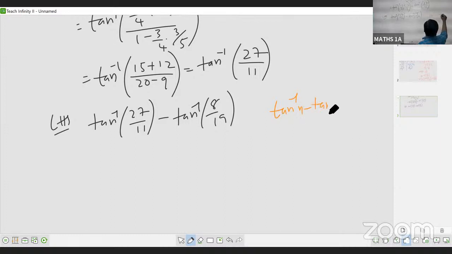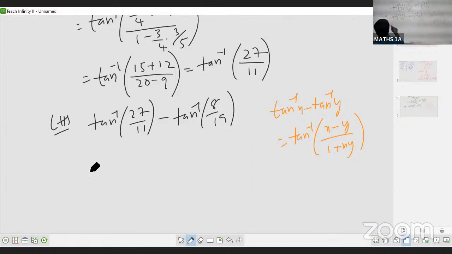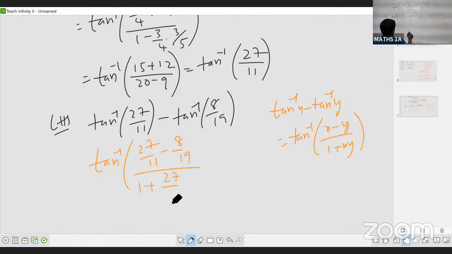Tan inverse x minus tan inverse y is tan inverse of x minus y by 1 plus xy. Is it clear? That is tan inverse of 27 by 11 minus 8 by 19 by 1 plus 27 by 11 into 8 by 19. Clear?